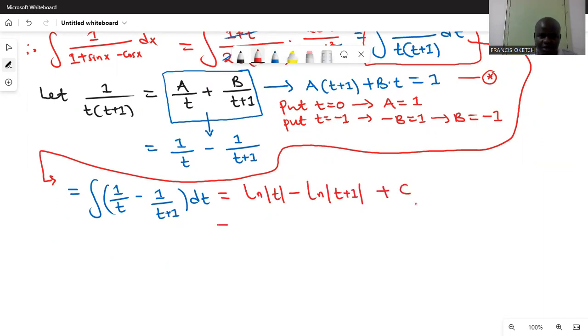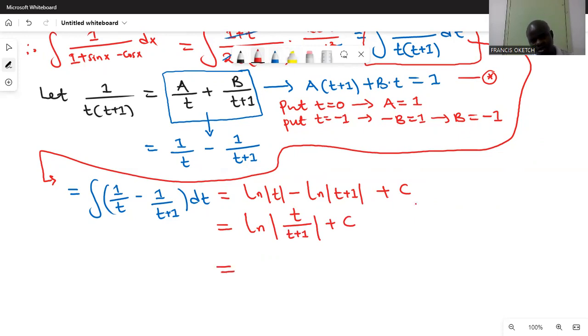If we use the second law of logarithms, remember, log A minus log B is the same as log of A over B. So this is the same as log of t over t plus 1, then plus a constant C. And then you have to replace t. Remember, t was equal to tan x over 2.